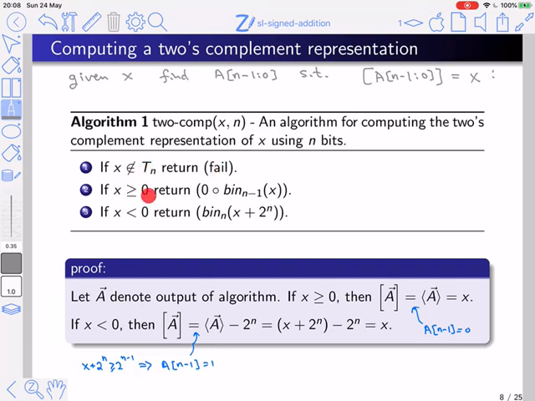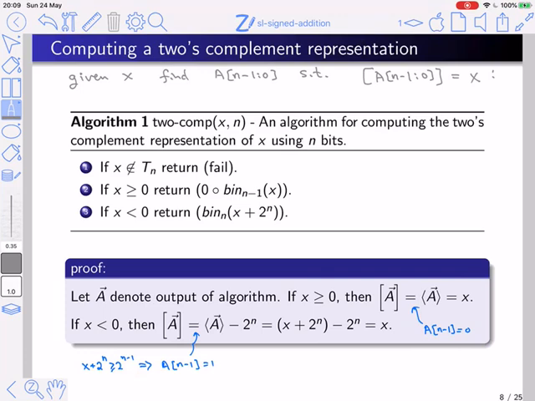If x is not negative, we return 0 concatenated with n minus 1 bits that represent x in binary representation. If x is negative, we return the binary representation of x plus 2 to the n using n bits. We claim that the algorithm outputs the correct A if x is in T_n.